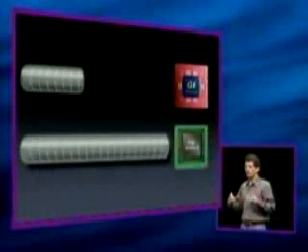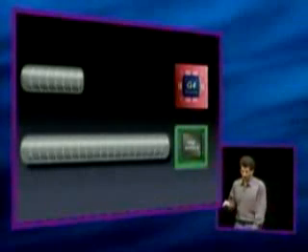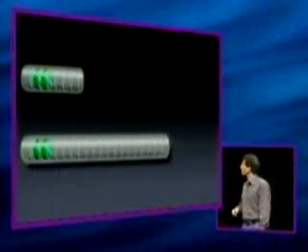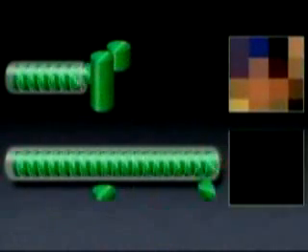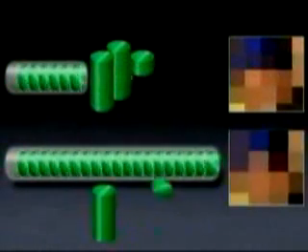We have the 7-stage G4 versus the 20-stage Pentium 4 here, and we're going to execute equivalent instruction streams down these pipelines. So we see instructions flowing down the pipeline, and the short pipeline starts getting results sooner. It takes us a while to fill the longer pipeline. Now we start seeing some results coming off the long pipeline.